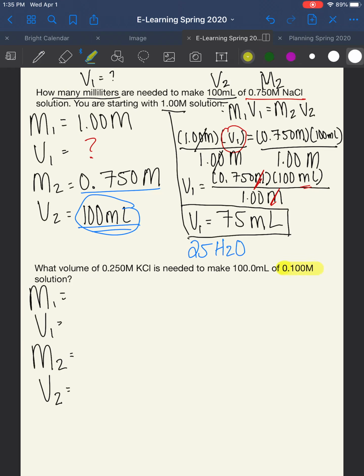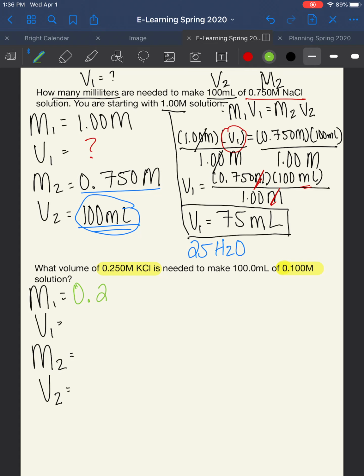So looking here, I'll just use a highlighter. I have 0.1 molar, 0.25 molar. The higher value, the higher molarity, is my starting molarity because it is more concentrated.